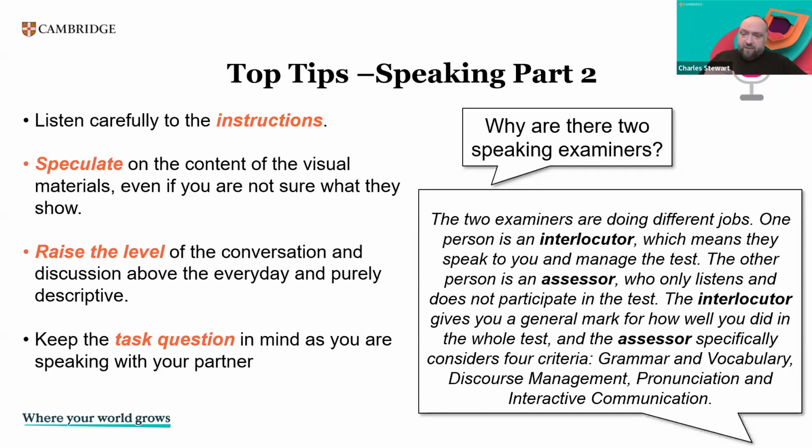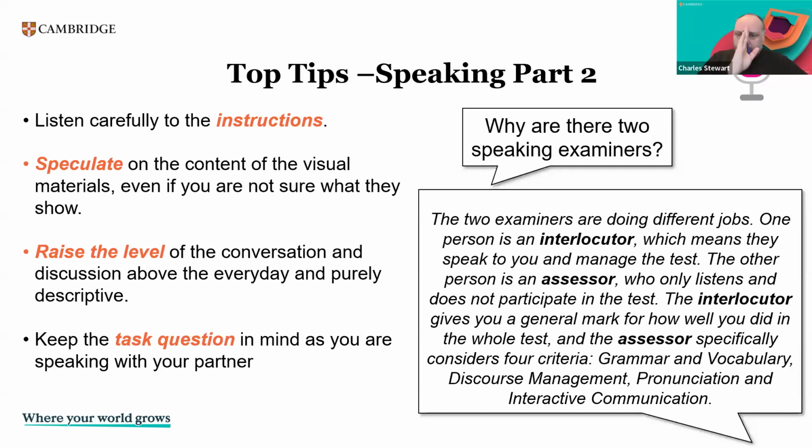The other examiner, who will be sitting in the corner at a table separate from yours, is called the assessor. This person will not speak. This person will simply sit at the table, and as you're talking, they will be making notes. Forget about this person, forget that they exist.